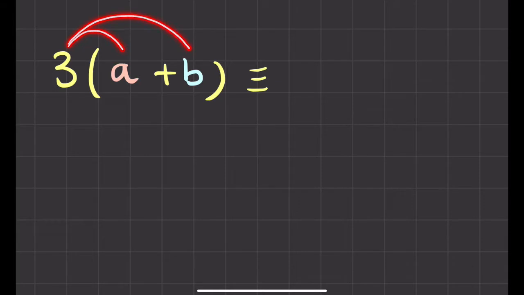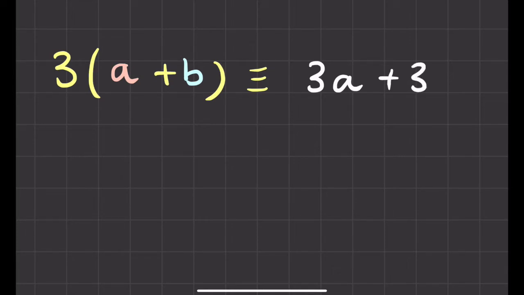I've got 3 groups of A, and I've got 3 groups of B. So if I've got 3 groups of A, that's the same as 3 multiplied by A. And if I've got 3 groups of B, that's the same as adding on there, 3 multiplied by B. And so what I've done there is I've expanded the brackets. Okay, I've got rid of the brackets. I've written here an identical expression, but this time it's written without the brackets.